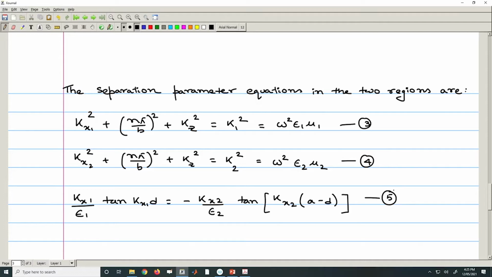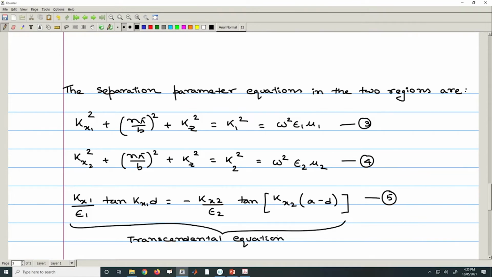So equation 5 can be written as a transcendental equation, and this is used for determining all the possible kz values, where kz is the mode propagation constant.